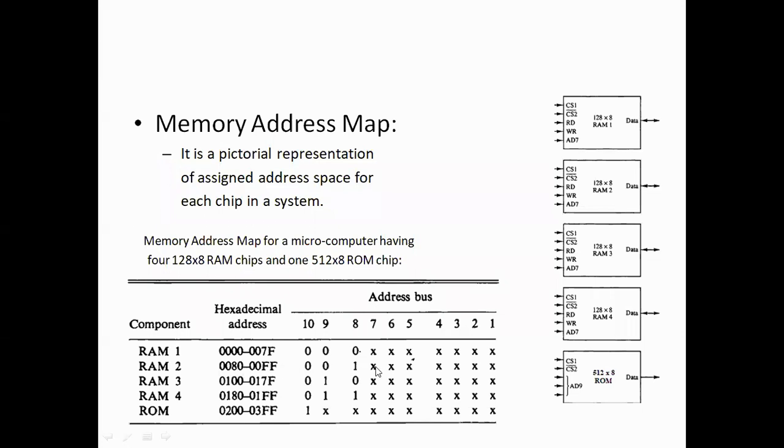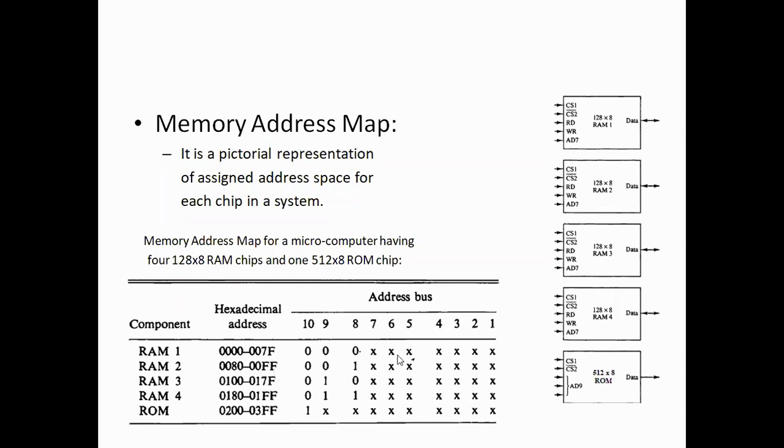Okay, the last address will be, put all this to 1. So this will be 0, 0, 1111 means F, 1111 means F. So the first address of RAM 2 will be 0080, and the last will be 00FF.